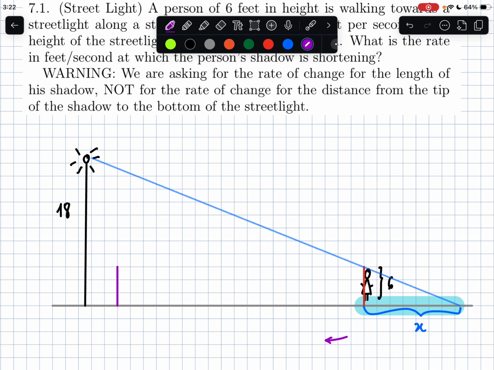Then I draw the line between the head of the person and the light, so I connect this. The shadow, now this length, you see that obviously it is indeed shorter. This one is shorter than this one.